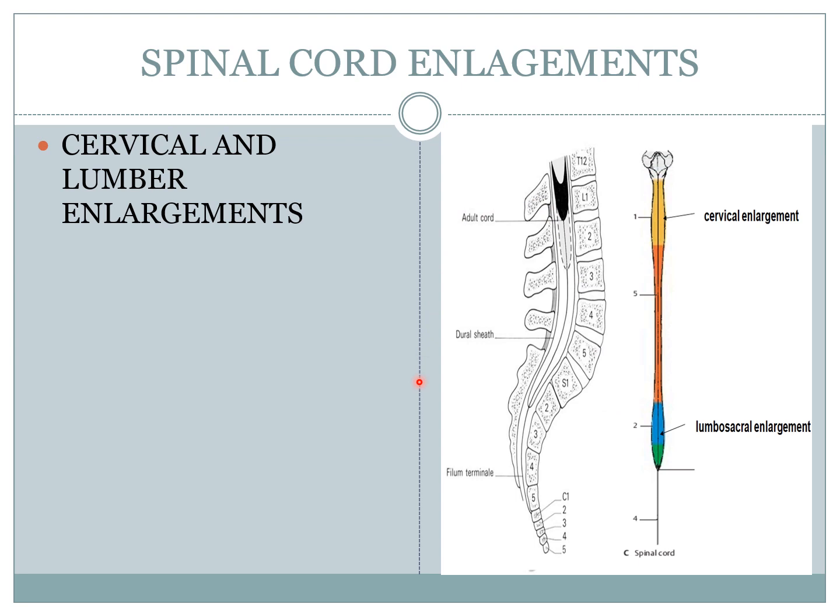Spinal cord enlargements. The spinal cord is fusiformly enlarged in the cervical region and lumbosacral region. This is because of the muscle fibers innervated by these regions. The cervical region innervates muscles of the upper limb, and the lumbosacral region innervates muscles of the lower limb.